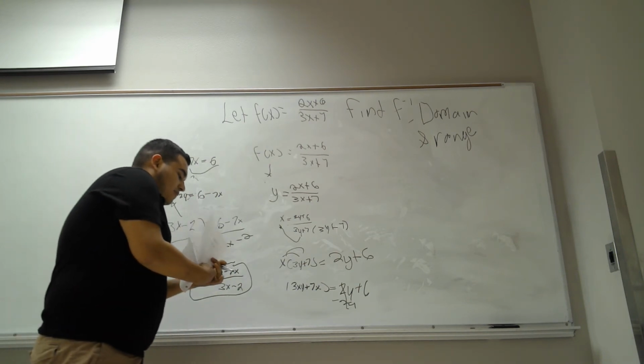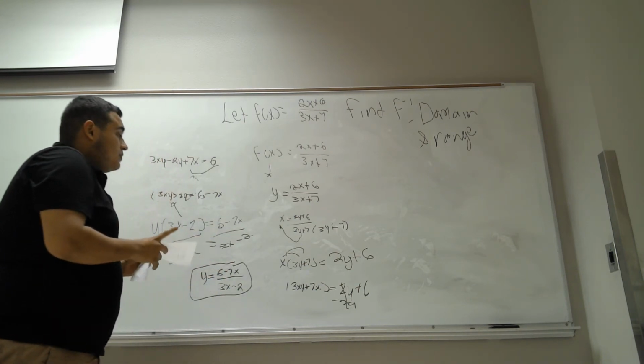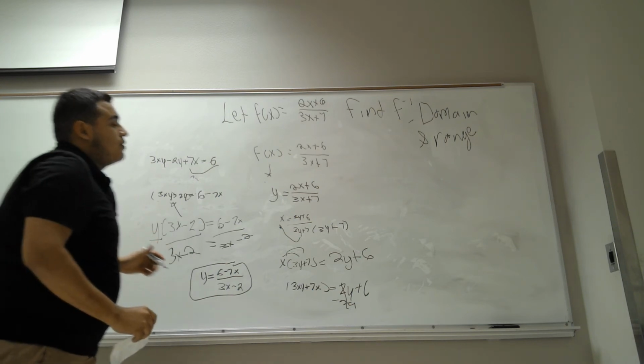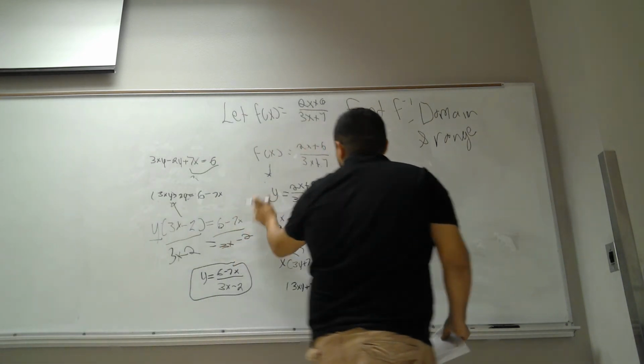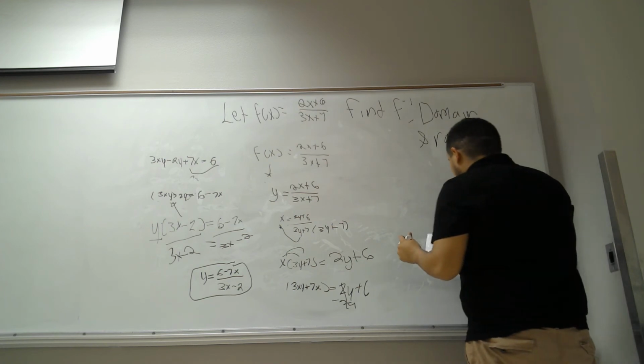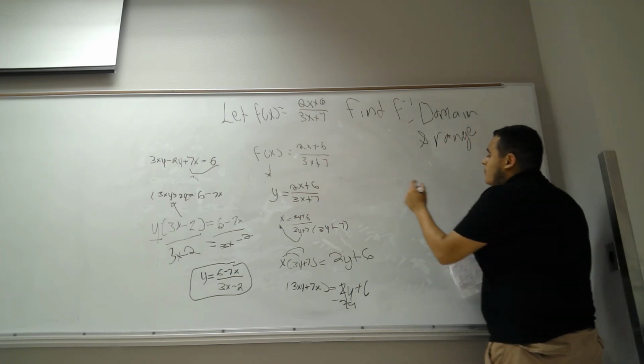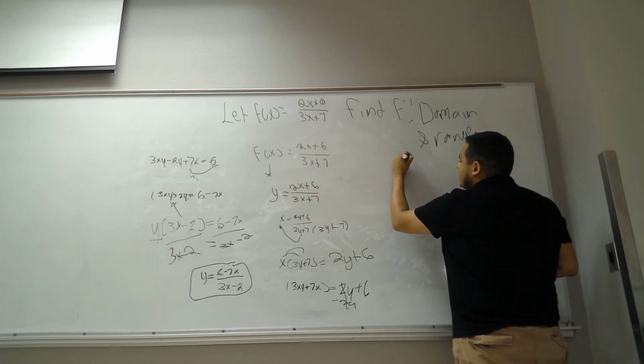Now, in order to find the domain and range, you're going to graph the function. Here's an example of the graph which I have taken from the calculator. So you go like this.